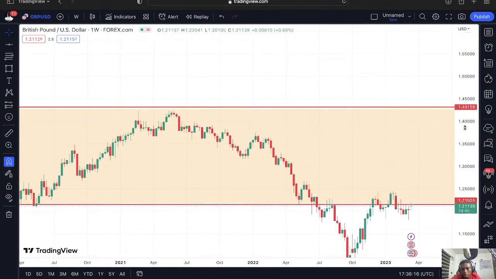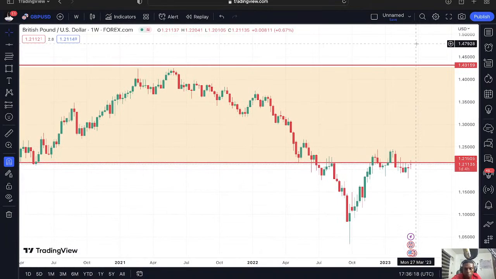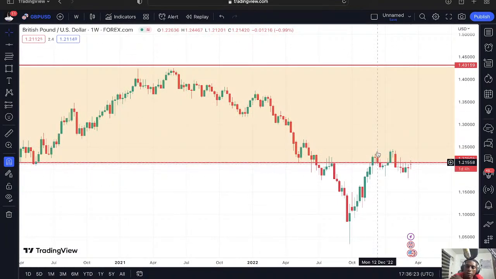If you look at the weekly time frame and zoom closer, you will see that price is lingering at the edge of that resistance zone. It spells two things. One, there might be a possible breakout to the upside.